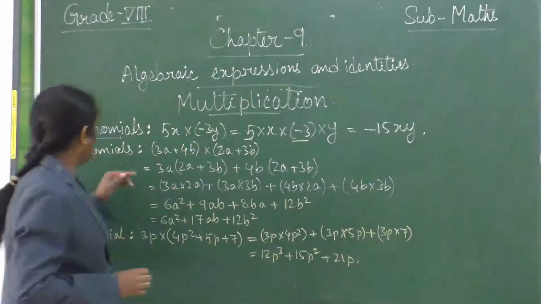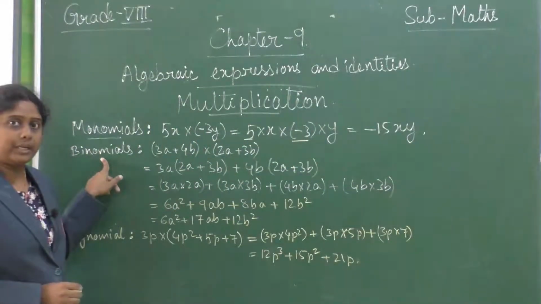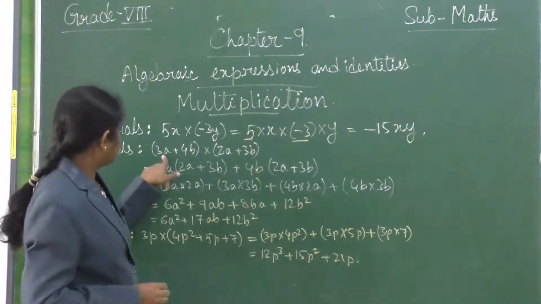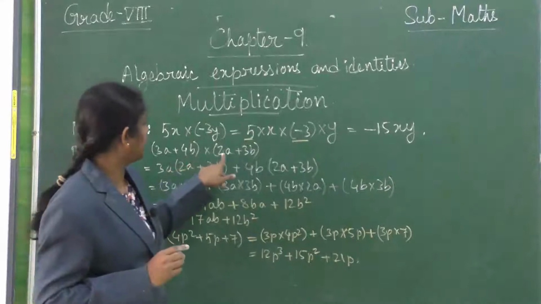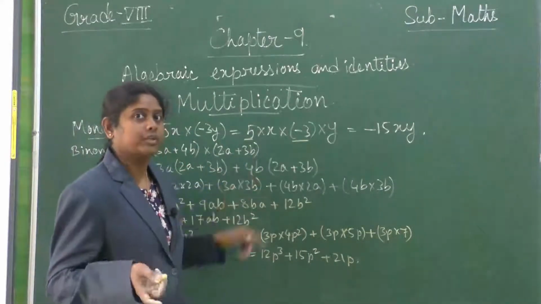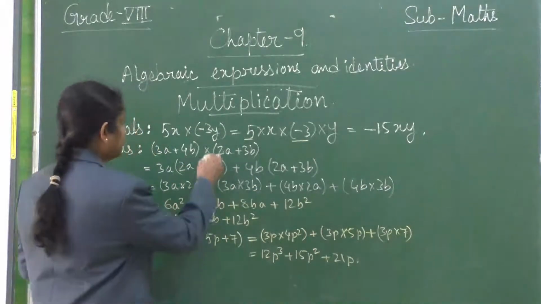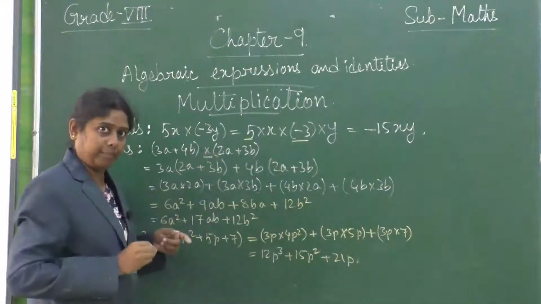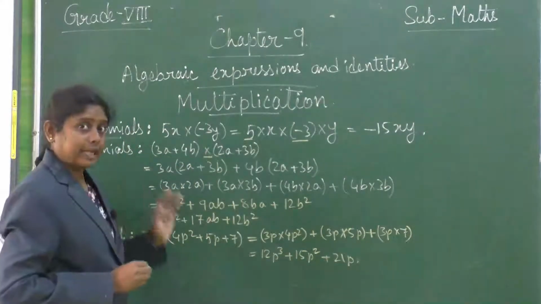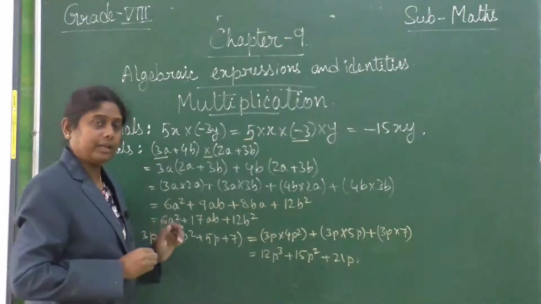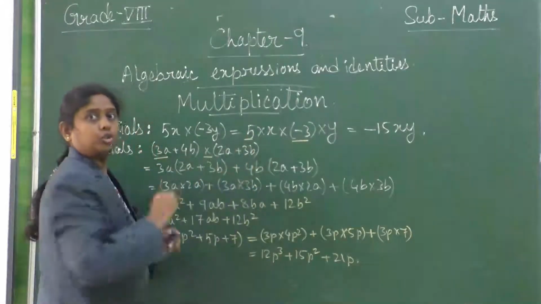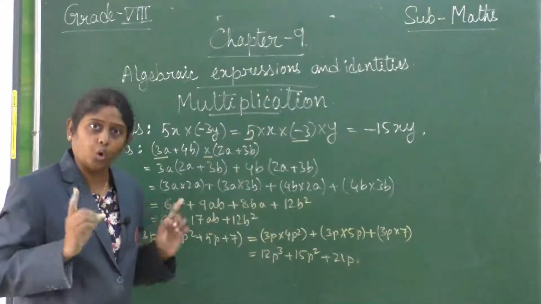Now come to multiplication for binomials. Binomials: here 3a plus 4b is the first binomial, then the second binomial is 2a plus 3b. Now we are going to multiply them together, so put the multiplication sign between them. The first step is to take one term from the first binomial and multiply it with the second binomial as a whole.